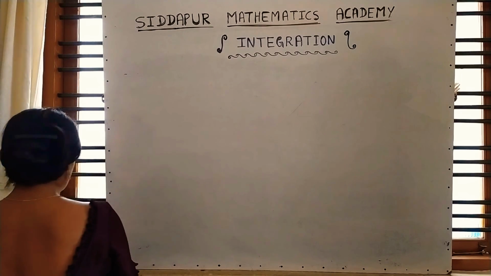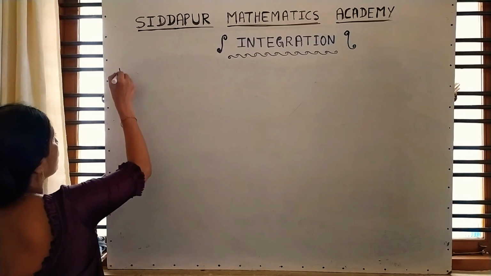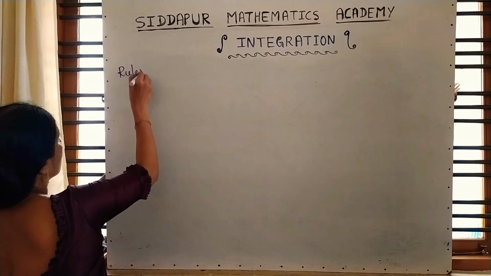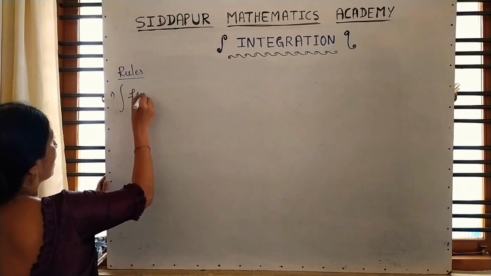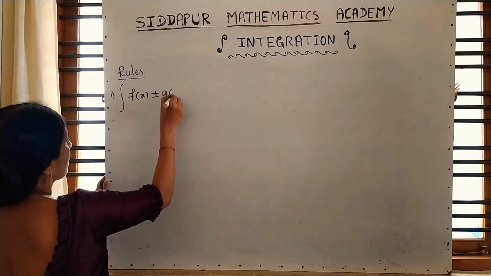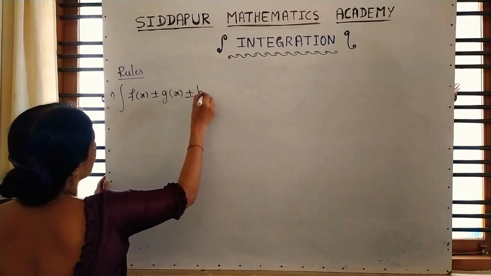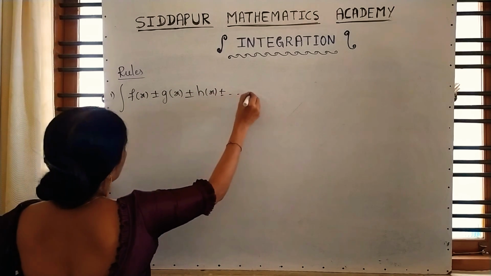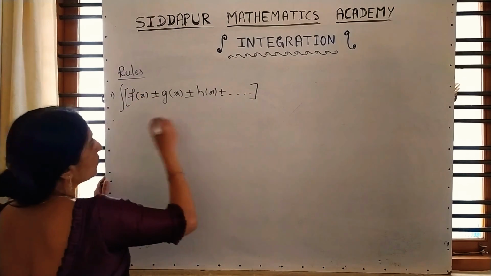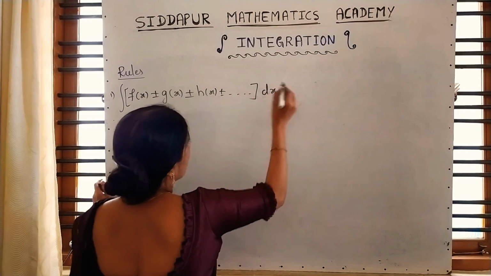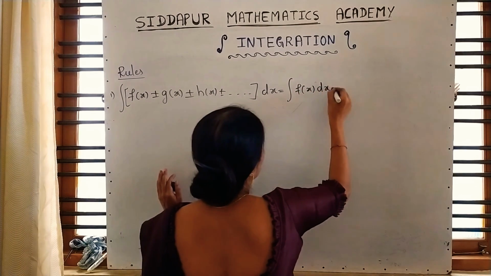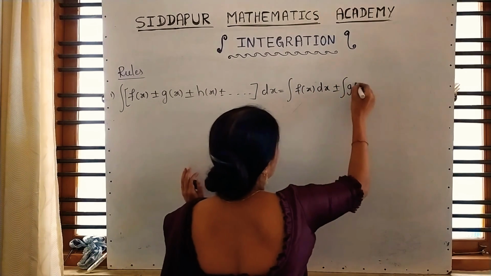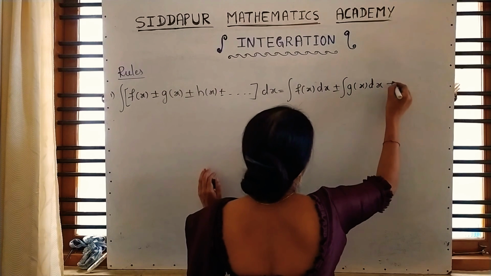Some rules are there for integration. The first one, if you have an integration like this, that means they are the functions of x, not only one or two terms, so many terms are there. If the middle sign is plus or minus, then you can write like this. Remember, only plus or minus sign.